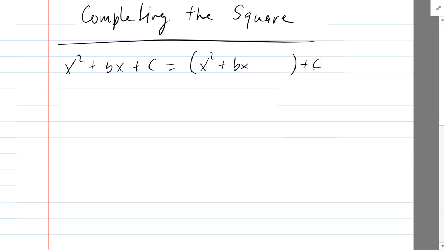And here's what we're going to do. We're going to force this to be a perfect square. To force that, I'm going to take b, go to b over 2, and then square b over 2. Remember that? Since I added the square of b over 2 inside the parentheses, I have to subtract it from the outside.